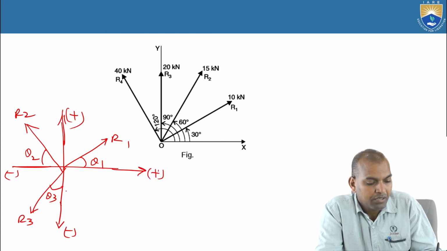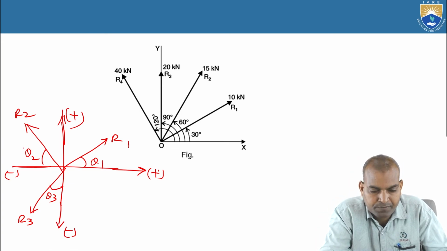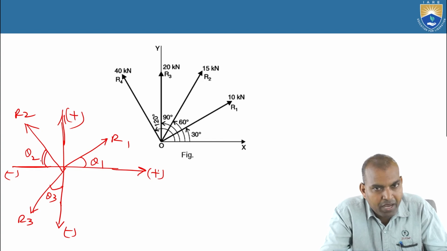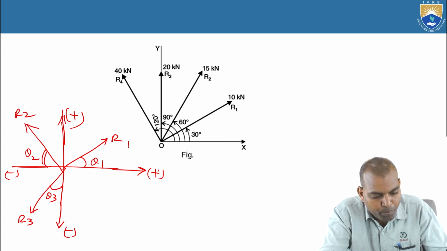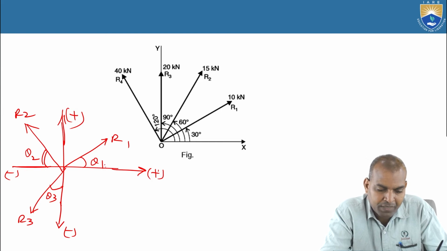For this type of case, how do we find the resolution of force? The way we followed before, we have to make R2 with the x-axis. We have to transfer the theta to this R2 angle with OX, then you can apply.